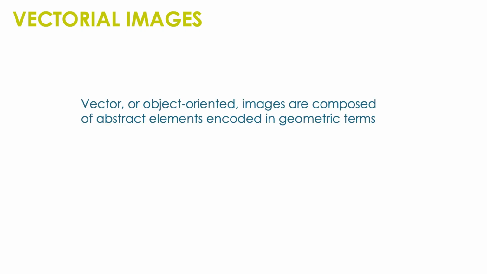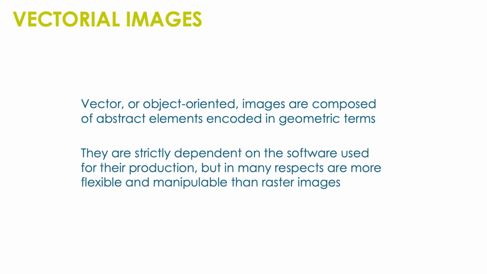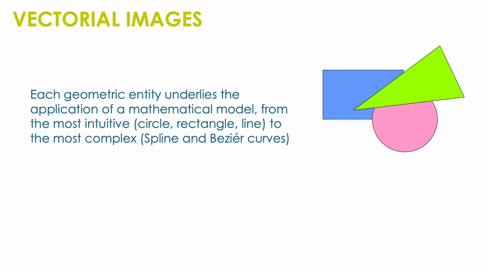Let's move now to another paradigm of format for images, vector images. Vector images are composed of abstract geometric elements like circles, lines, and curves defined mathematically. These images are resolution independent, flexible, and occupy separate layers for easy manipulation. Each geometric entity is modeled using a mathematical formulation, from the most intuitive, for instance, as we said, circles, rectangles, and lines, to the most complex, like spline or Bezier curves.